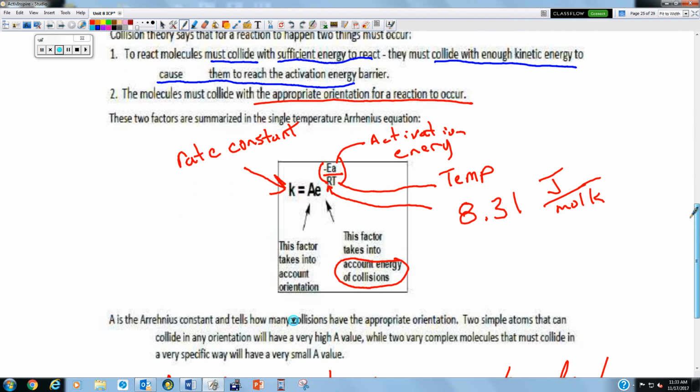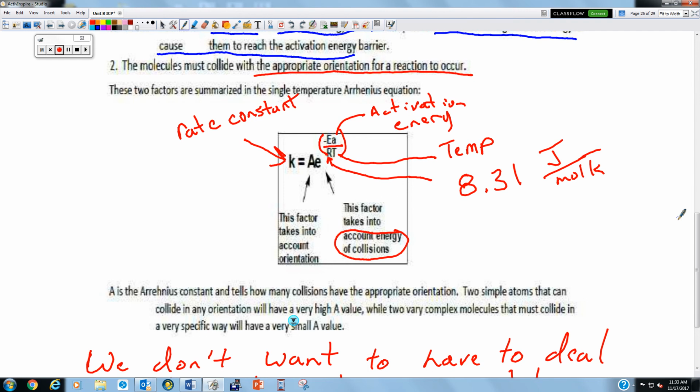So when you look at these two factors, at a single temperature, the Arrhenius equation can be derived. What we get is k, the rate constant, equals A times e, where A is orientation and the exponential is the energy of collisions, raised to the power of negative Ea over RT, activation energy over RT.